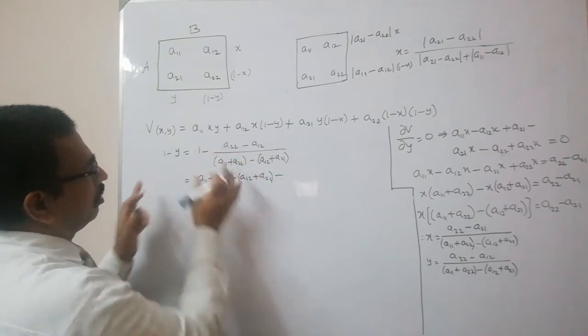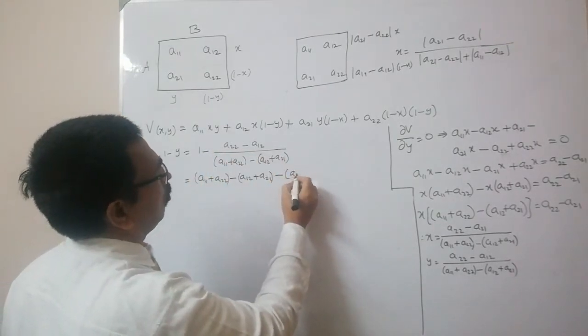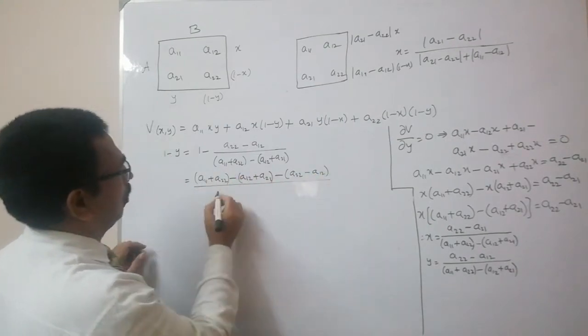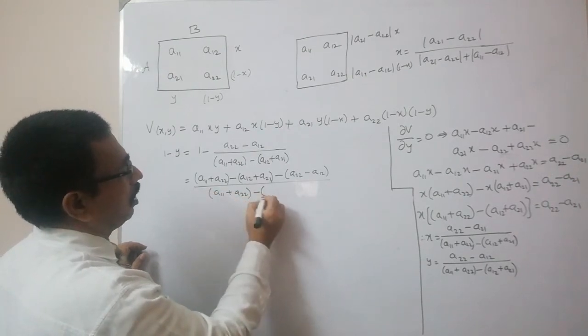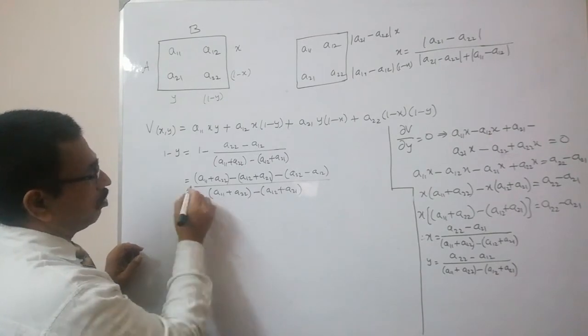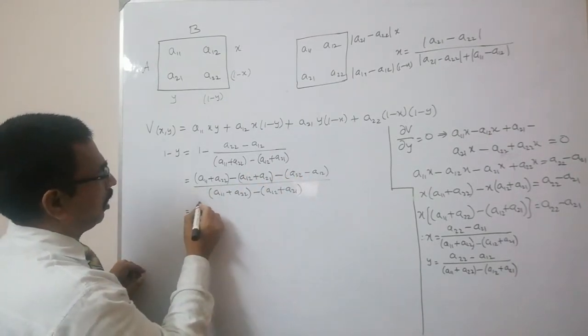This is the denominator here, minus (A22 minus A12) by (A11 plus A22 minus A12 plus A21). Now on simplification, let us see what we get.